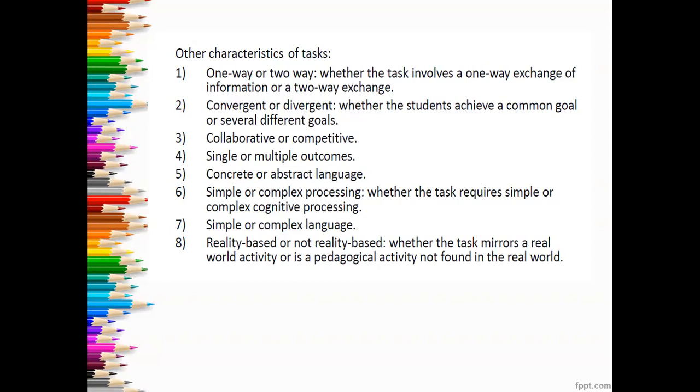Number five, concrete or abstract language. Number six, simple or complex processing, whether the task requires simple or complex cognitive processing. Number seven, simple or complex language. And number eight, reality-based or not really based, whether the task mirrors a real-world activity or is a pedagogical activity not found in the real world.